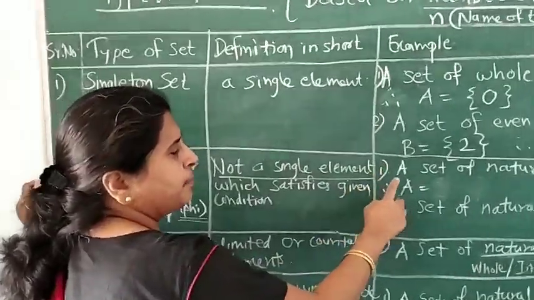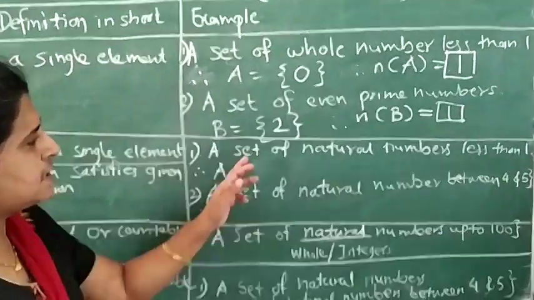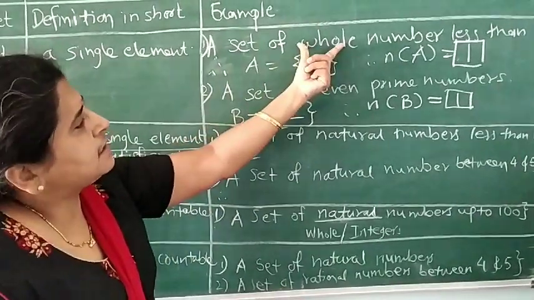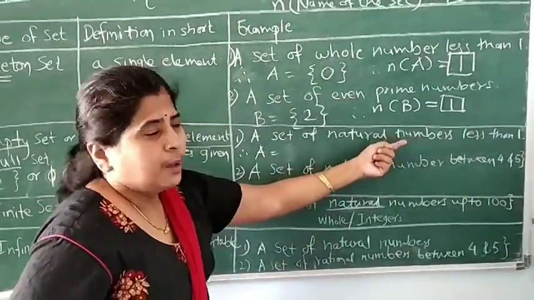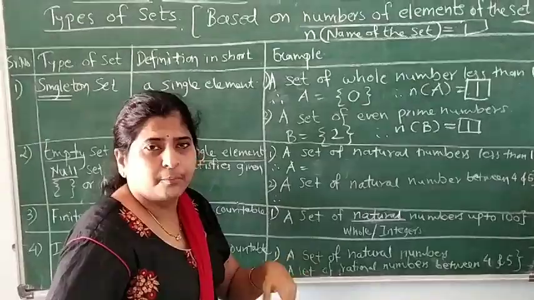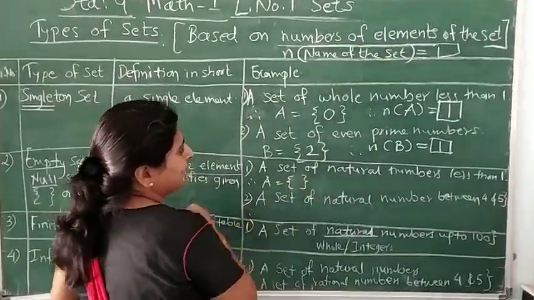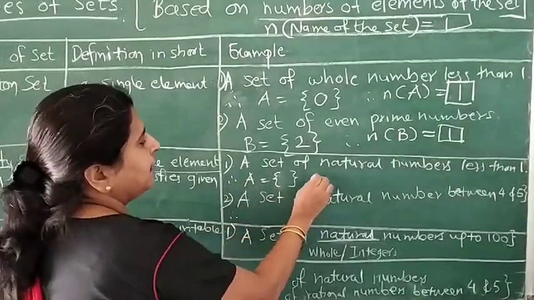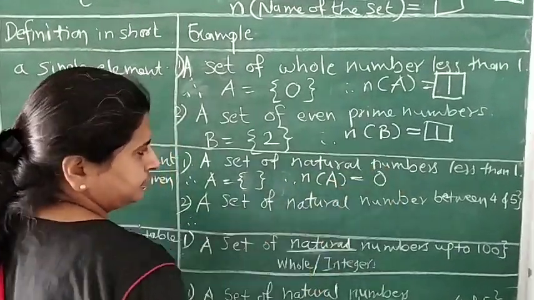Okay, let's see the example. A set of natural numbers less than 1. This is similar to the previous one. There it was a set of whole numbers less than 1, and here it is natural numbers less than 1. But as we know, natural numbers start with 1, so there is no natural number less than 1. So this set A has no element in it. So set A is nothing, as the number of elements in set A is 0.